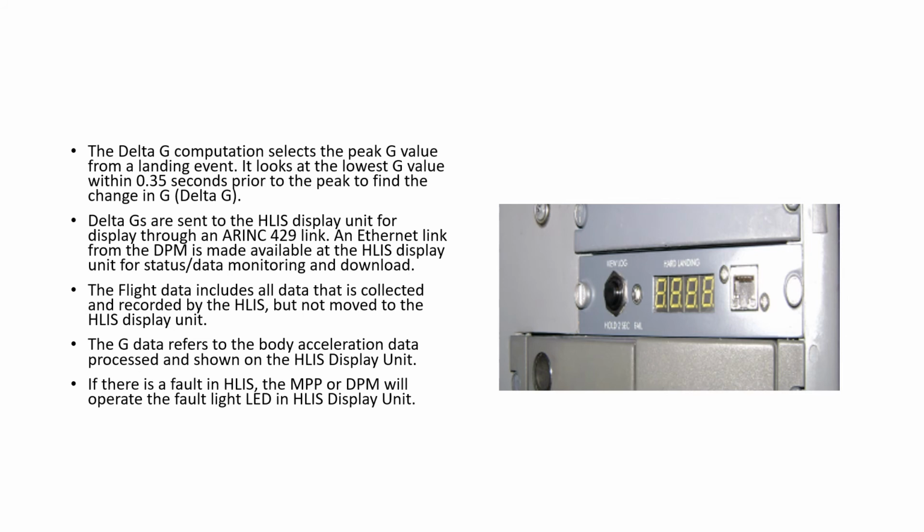The flight data includes all the data that is collected and recorded by the hard landing indication system, but not moved to the HLIS display unit. On the display unit, we only display that delta G value. The G data refers to the body acceleration data processed and shown on the display unit.